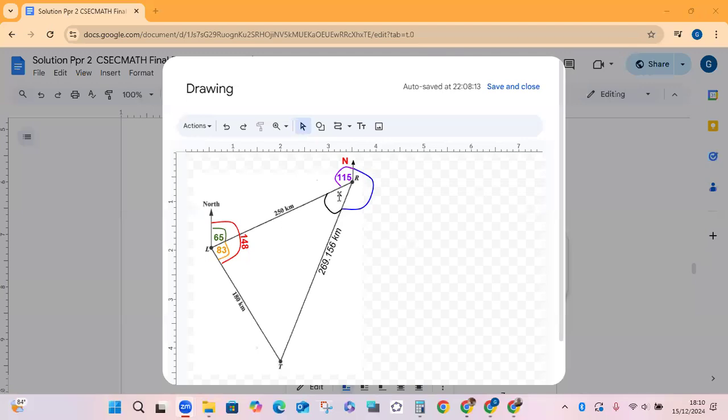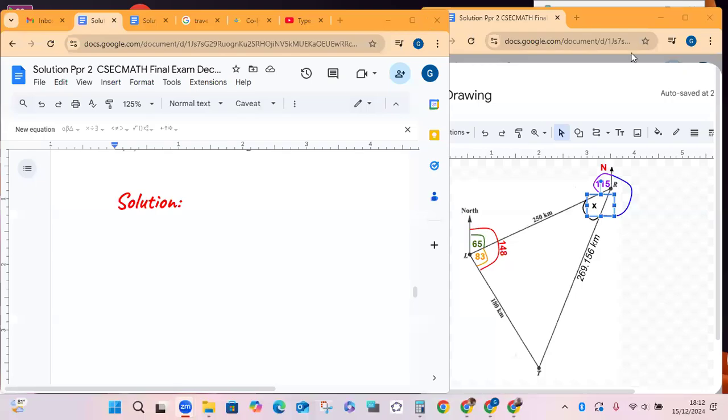Now the idea is, when we find X, we're going to add it to 115 and subtract from 360, and then that will give us the bearing of T from R. So we're going to add X and 115, subtract it from 360, then that will give us the bearing of T from R. So let's use the sine rule to find X. We know the triangle is an oblique triangle because we are dealing with the same triangle.